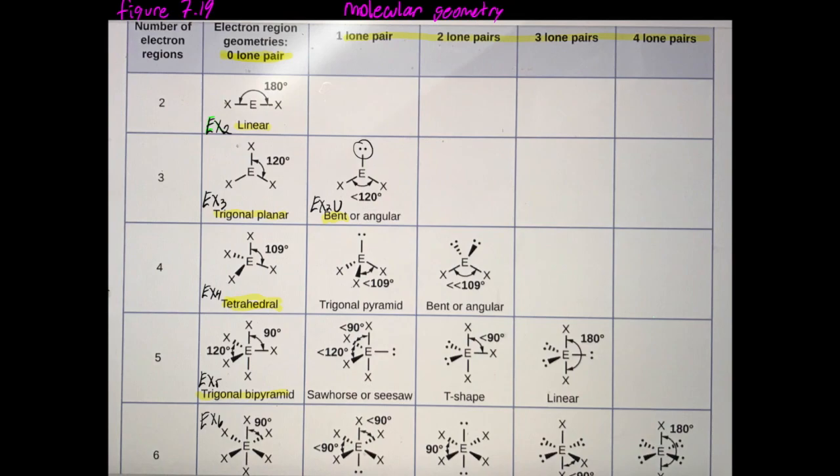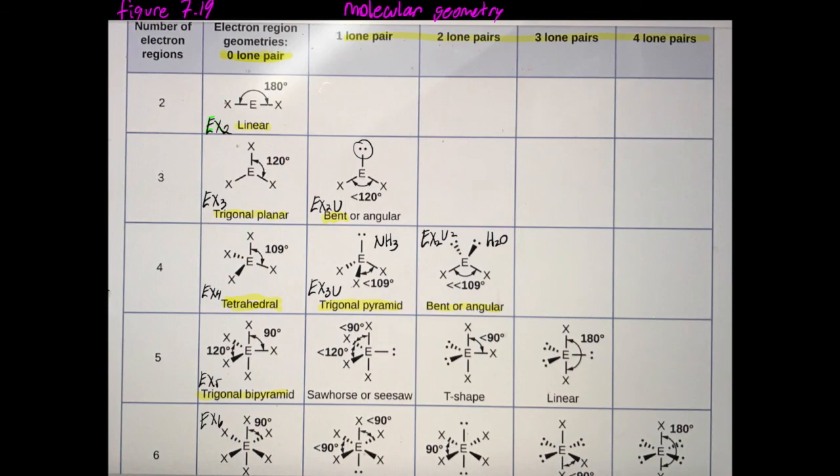It sounds less technical. If you have something like ammonia we talked about, that's going to have the geometry trigonal pyramid. And we talked about water. Water has a bent structure as well, and that's EX2U2. So an example of that is water. An example of this is NH3. And we already did examples on the first column.